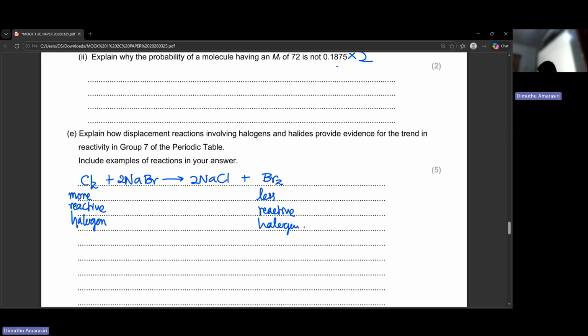Second, displacement reactions. Displacement reactions happen when a more reactive halogen displaces a less reactive halogen.